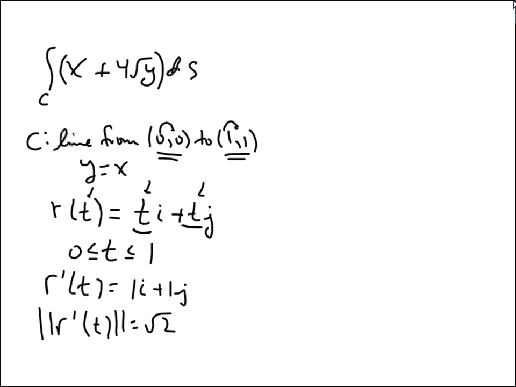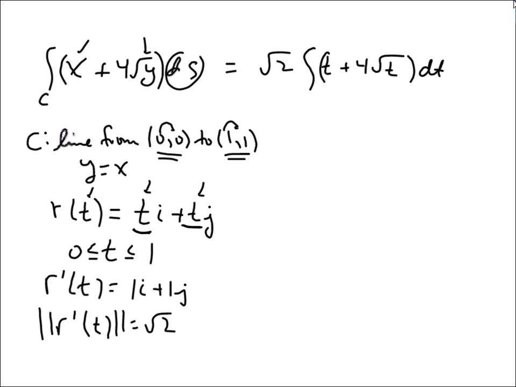Okay, so what we get is the square root of 2. Now x is t plus 4 times the square root of y, but y is t dt. ds is not dt. ds is square root of 2 times dt.